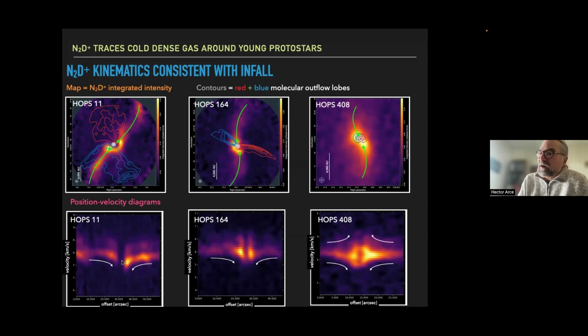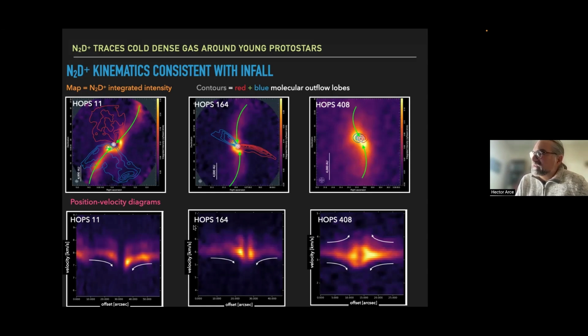What you would expect from gravitational infall is velocity increasing towards the center, as you get closer to the protostar, because the protostar at the center is where you have the gravitational well, and as the material gets closer to that protostar, its velocity will increase. We can study that by looking at the velocity along the length of the filaments, and that's what we call the position-velocity diagrams that I'm showing here.